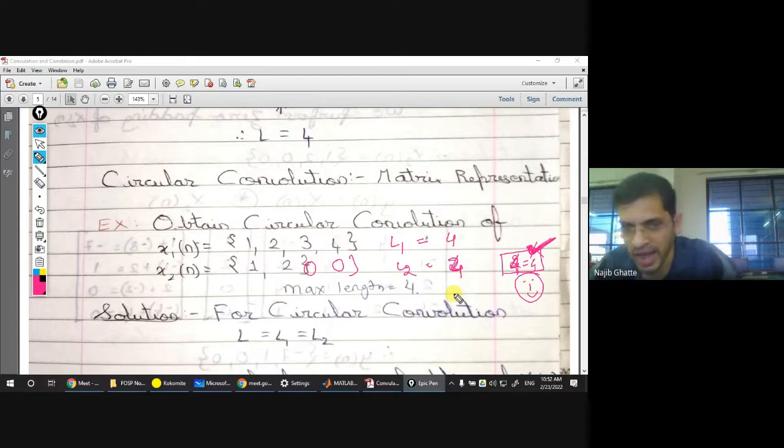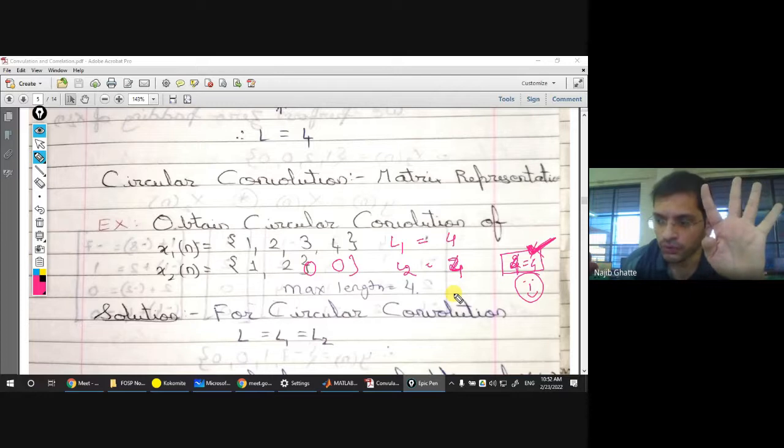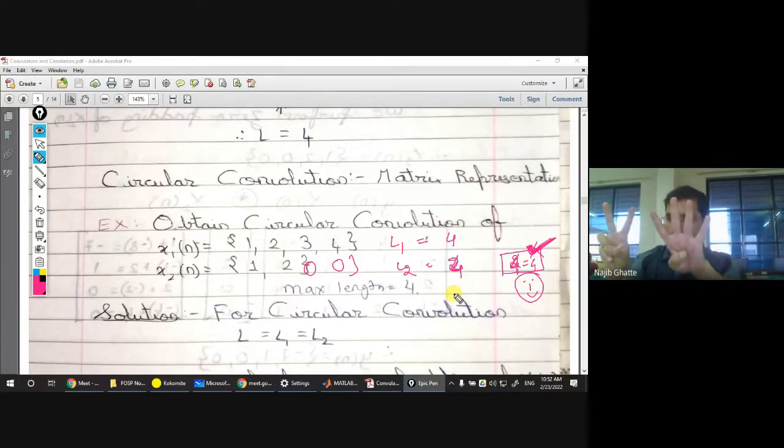So now I have x1 as 1 2 3 4 and x2 as 1 2 0 0. Because this was 4, this was 2, in order to make this 2 as 4, I need to append 2 extra zeros so that now this is 4 and this is 4.